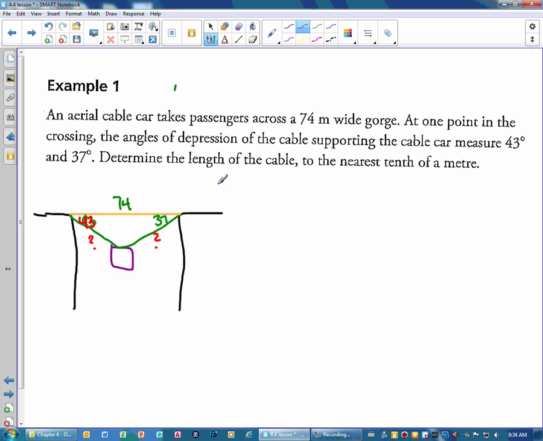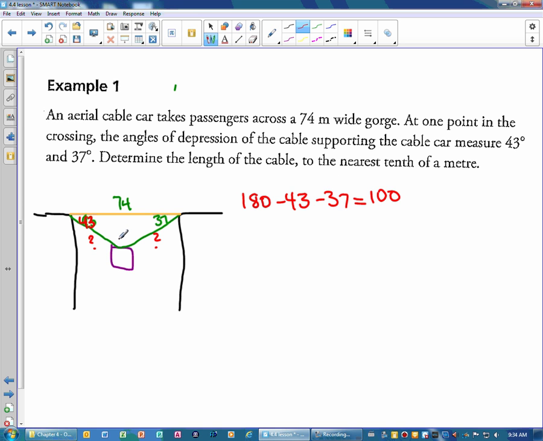We have this side, but we don't have this angle. But we can easily calculate it because remember that angles in a triangle add to 180. So this angle here is 180 minus 43 minus 37, which works out to 100 degrees.